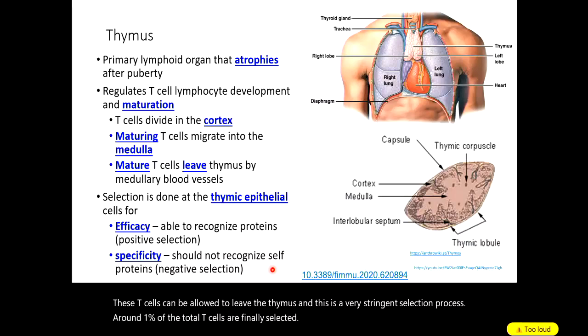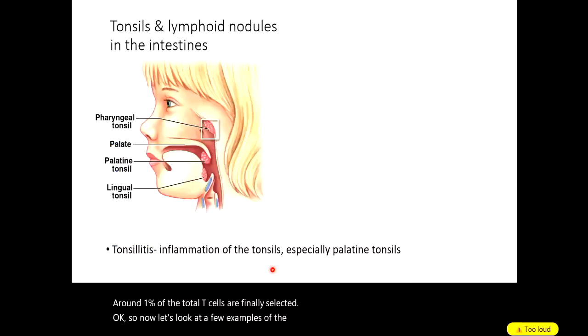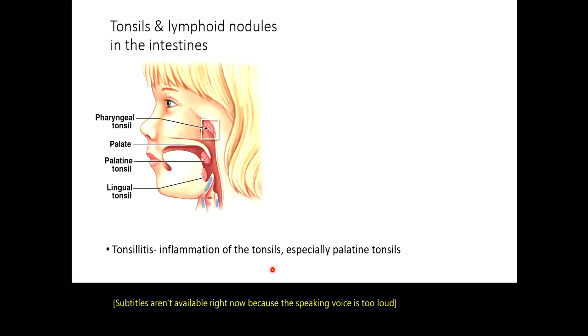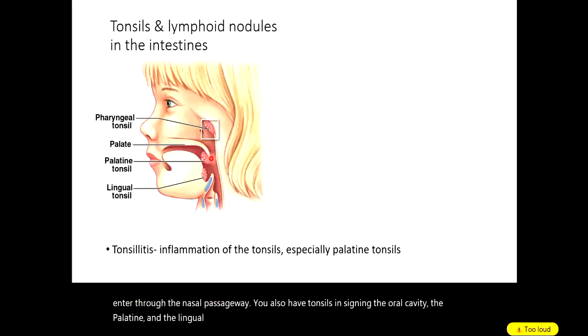Okay. So now let's look at a few examples of the secondary lymphoid tissues and where they are found. Notice that you have these tonsils in the pharynx, which can deal with pathogens which enter through the nasal passageway. You also have tonsils surrounding the oral cavity, the palatine and the lingual tonsils, which can deal with pathogens that enter through the oral cavity.